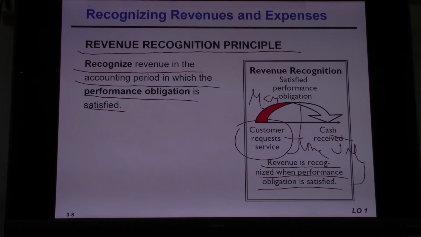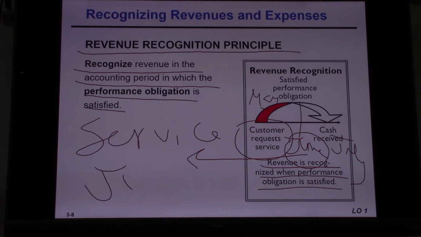Company should recognize revenue in the period in which the performance obligation is satisfied. When you perform this service, which is the month of June, you should recognize the revenue. It doesn't matter when you will receive cash. As you see here, cash is received later in July after you performed the service. However, we recognized service revenue in the month of June once we performed our service.